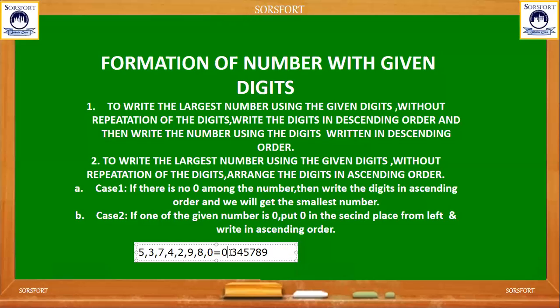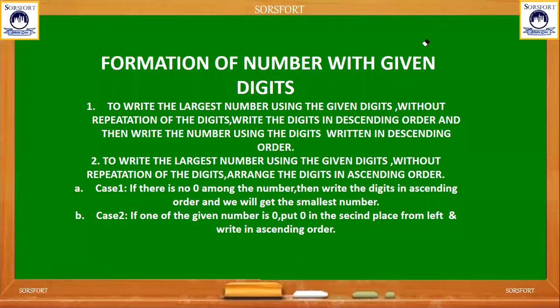So instead of putting 0 in the beginning, I will put 0 in the second place and remove this one. Now can you see the smallest number has been formed by using the given digits. Let's erase it. Now come to the next slide.